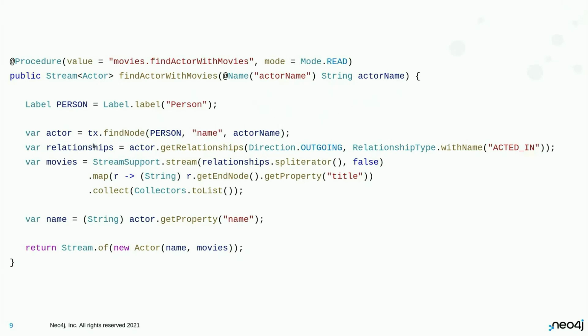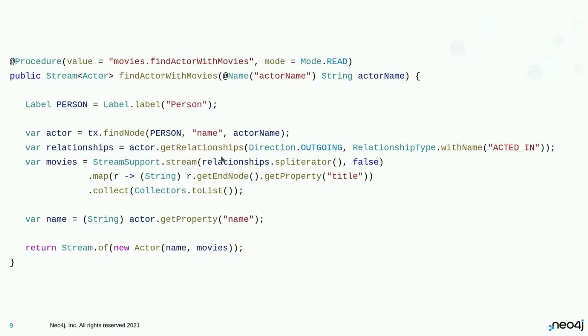Then I will use the internal Java API to find a node with a Person label and a property with the matching actor name. So I get Tom Hanks back at this place, a node that represents Tom Hanks. But from there on, I can manually, in this case, traverse the graph a little bit more.